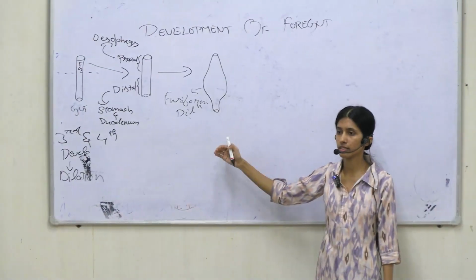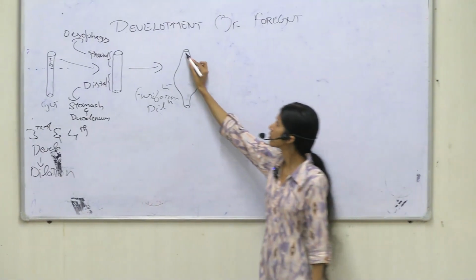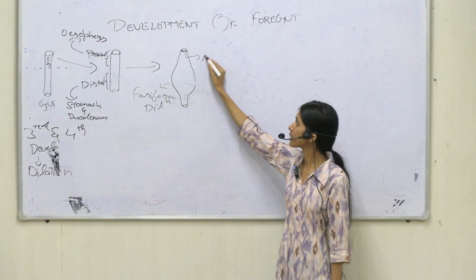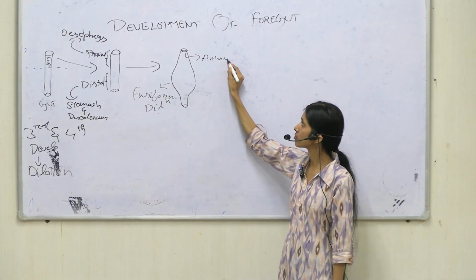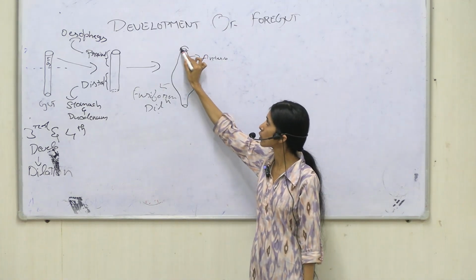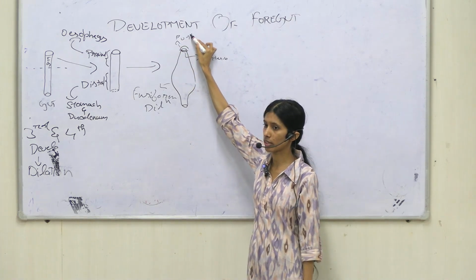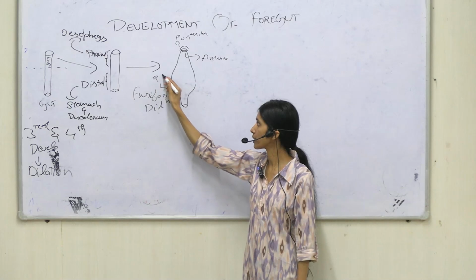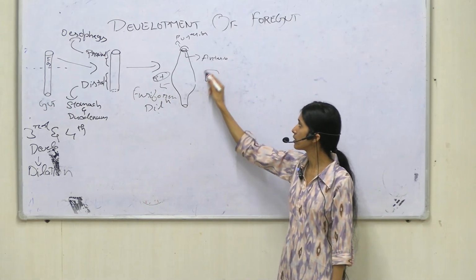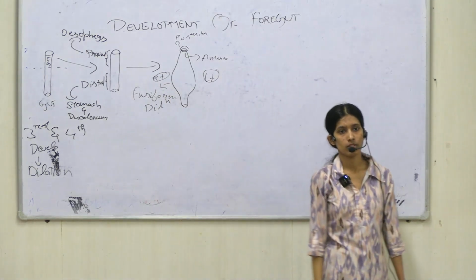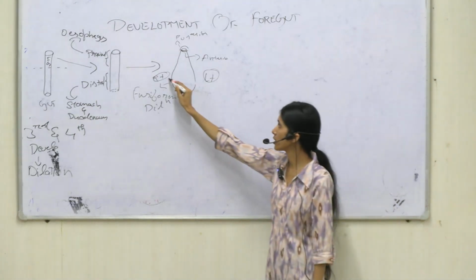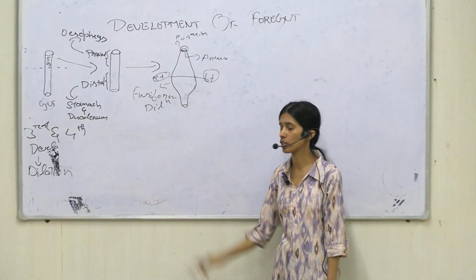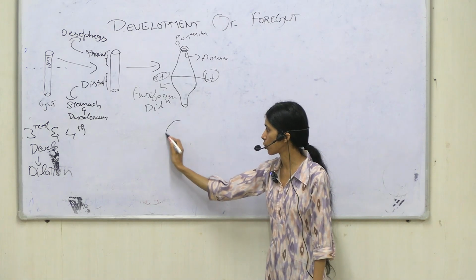Now in this part, this region is going to be the anterior aspect and this one is your posterior aspect. And this is the right side and this is the left side. If I take a cross section at this point, almost at the center of the dilation, this is how the structure is going to appear.